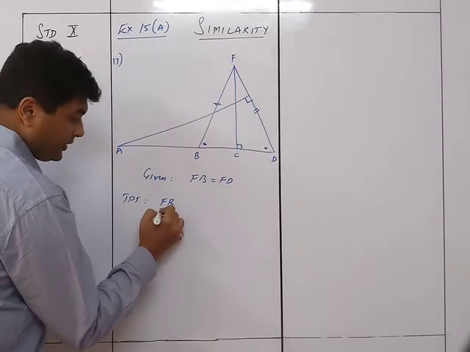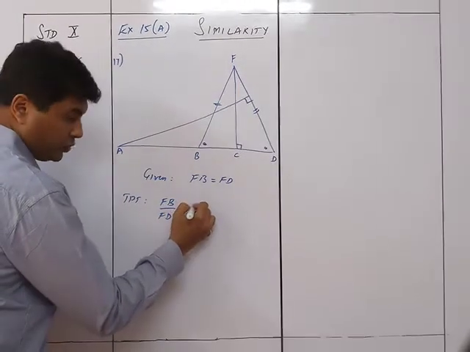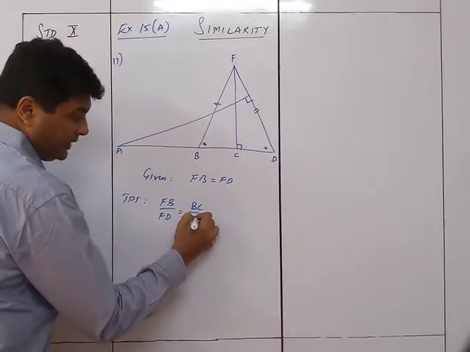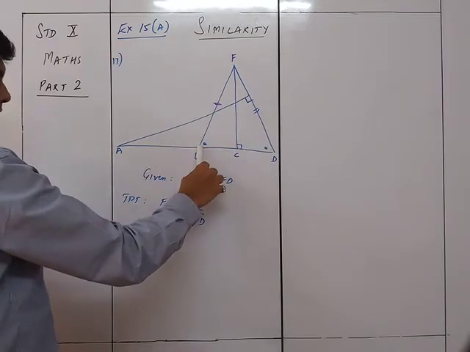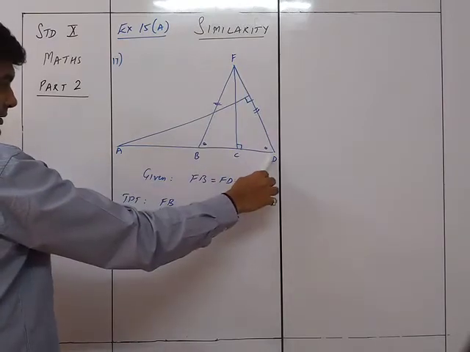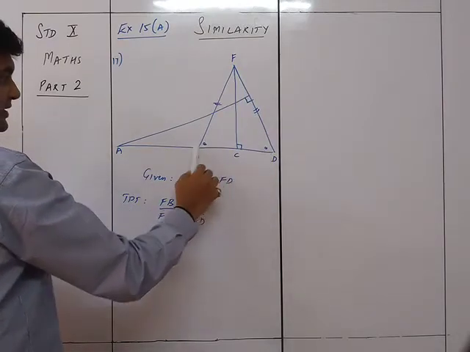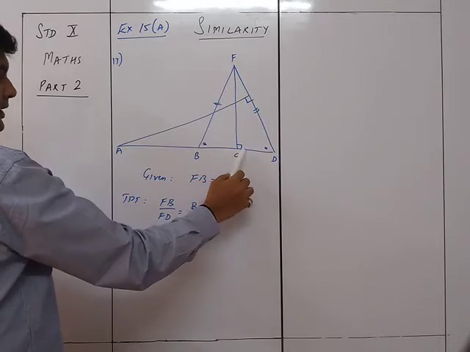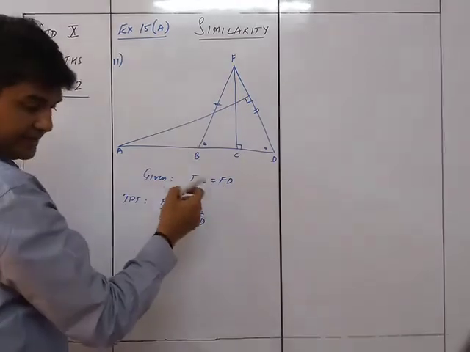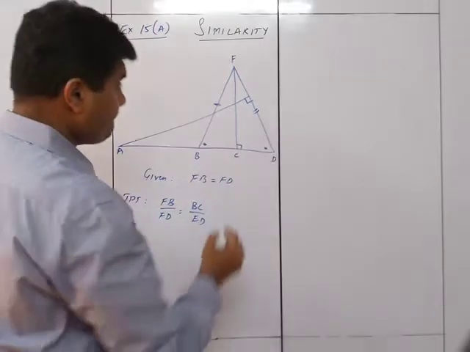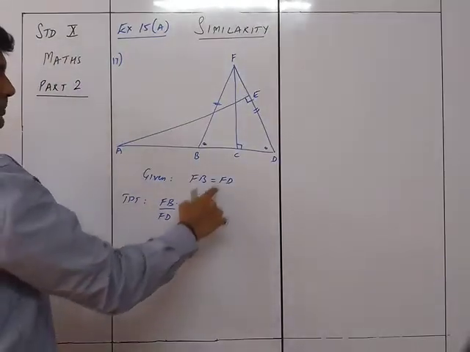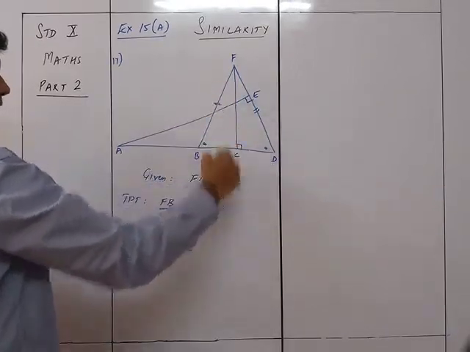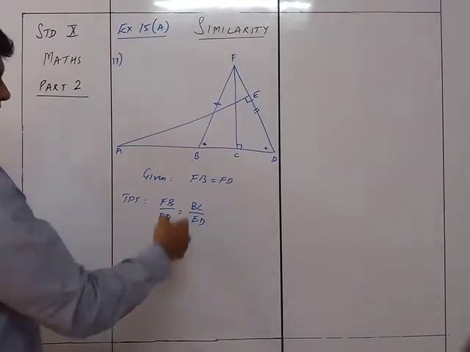What we want is to prove that FB upon FD is equal to BC upon ED. FB, FD, BC, ED. So we want BC over here. So this triangle is required, so we'll take the triangles.